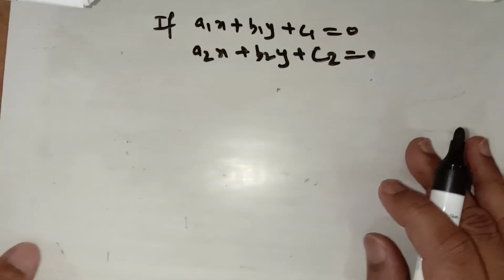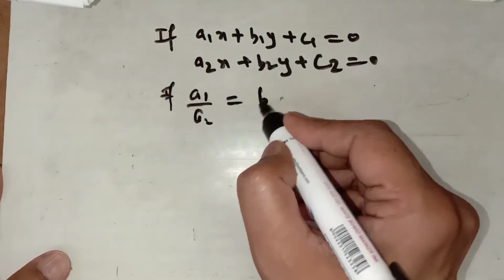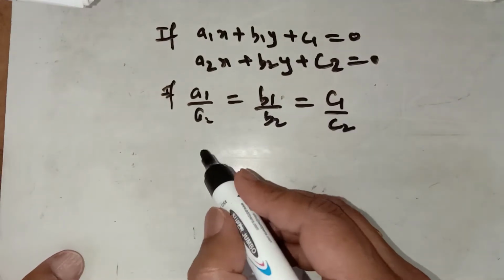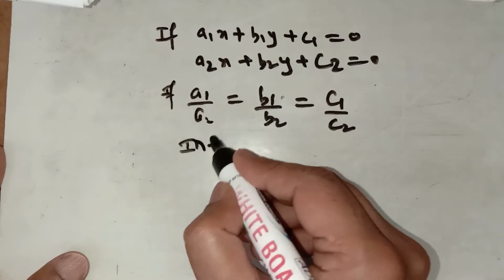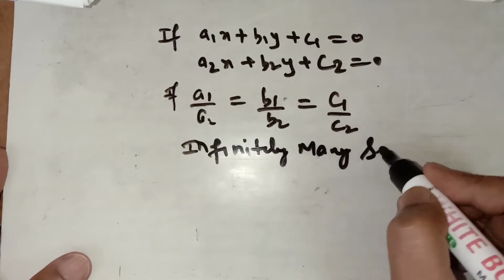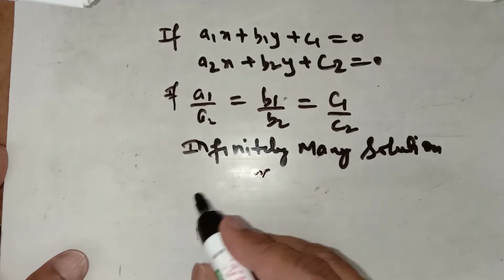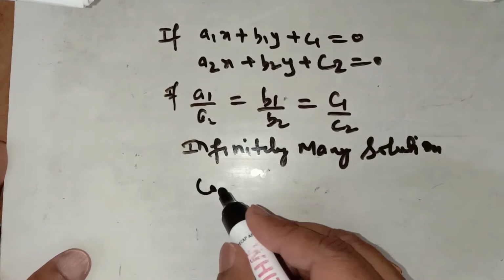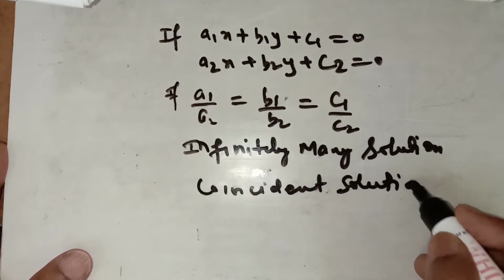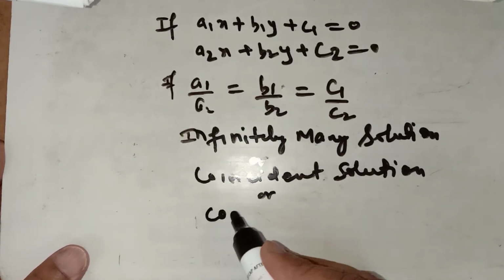That is, if a1 upon a2 is equal to b1 upon b2 is equal to c1 upon c2, then it will have infinitely many solutions, or we can say that it will have a coincident solution, or coincident lines.